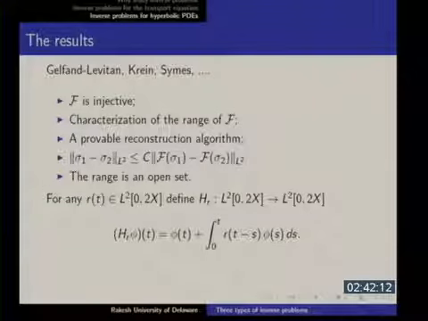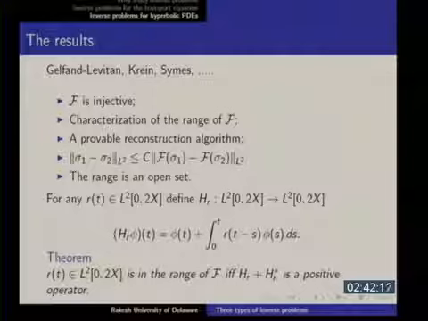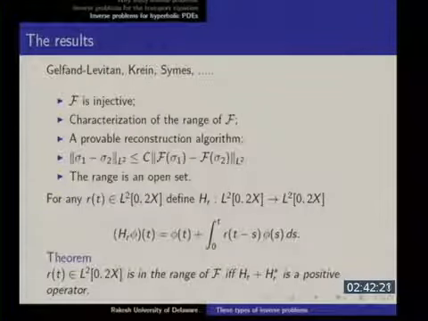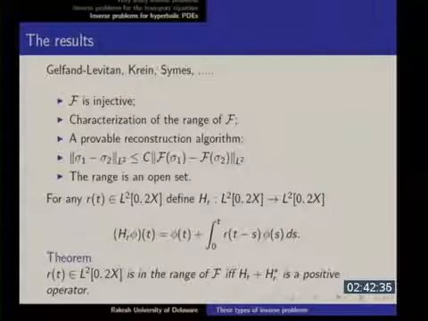You define this operator H_R, very nice operator, actually, right? And the answer is that you look at H_R plus its adjoint. If it's positive definite, then R is in the range, meaning it corresponds to some vocal tract. If it is not positive definite, it doesn't correspond to any vocal tract. So that's a complete characterization of the range of this nonlinear map.